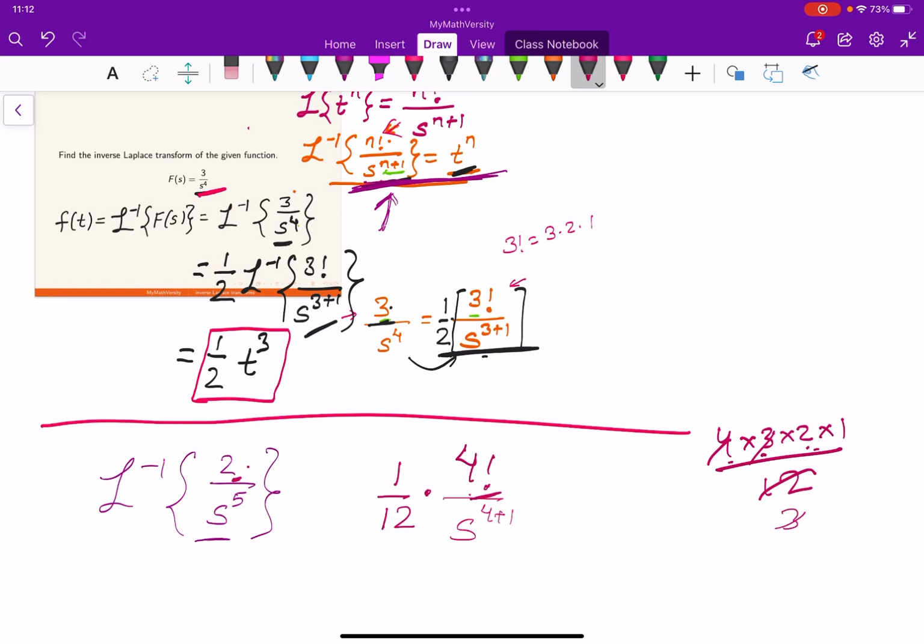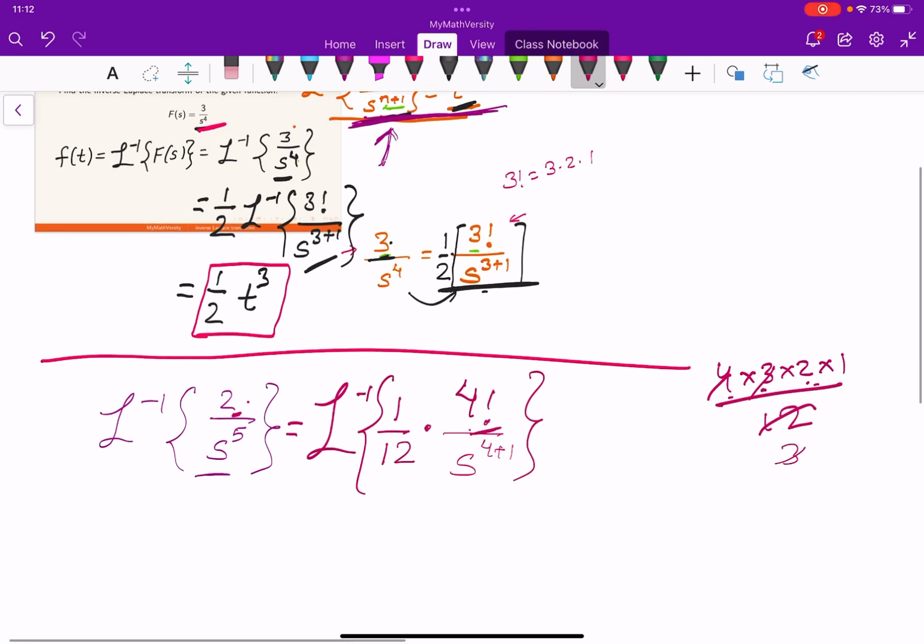So what I'm trying to say is, rather than figuring out the inverse Laplace transform of 2 over s to the power 5, we could use this alternative format, which is the same function, but I've manipulated it and written it as 1 over 12 times 4 factorial over s to the power 4 plus 1. 1 over 12 is a constant.